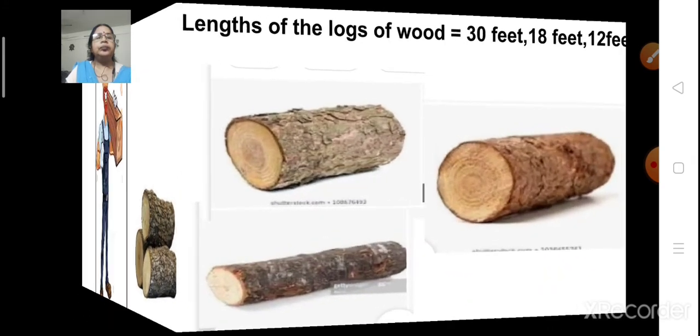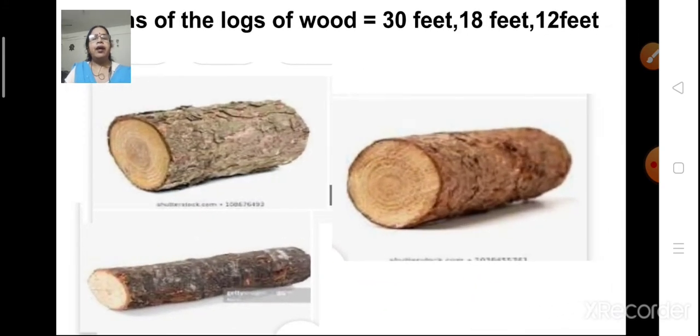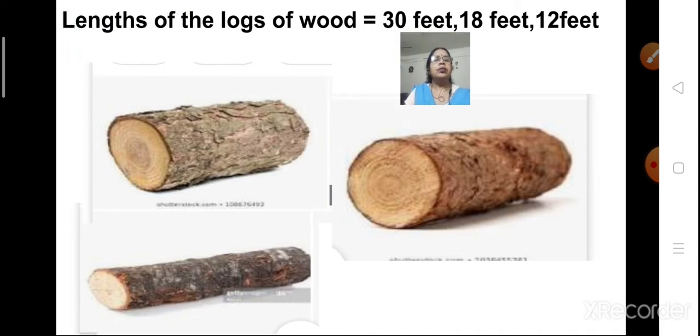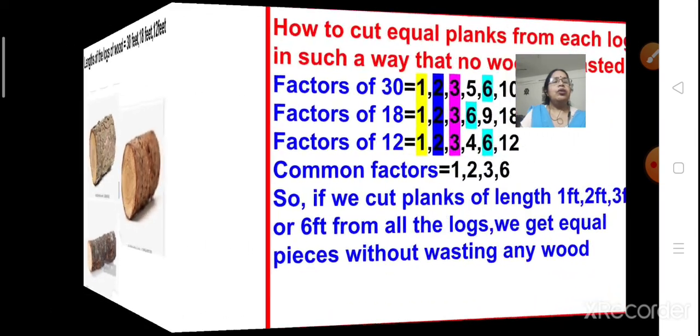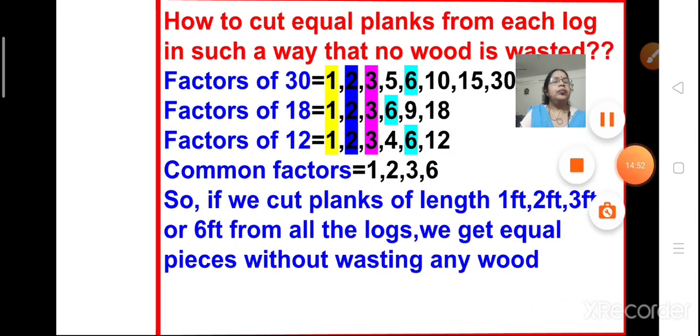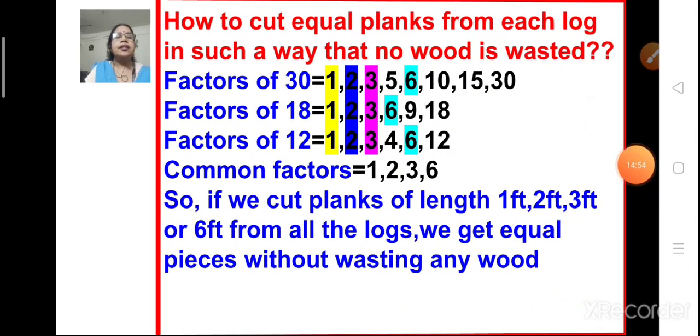Let us see. First, we have to see what the lengths of the logs of wood are. So, the lengths of the logs of wood are 30 feet, 18 feet and 12 feet. Now, let us consider how to cut the equal planks from each log.